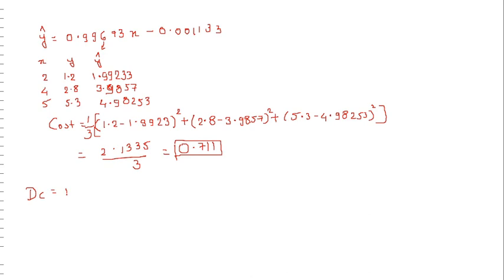This time we have to use these values of y hat, because it is our new iteration. So what value of DC do we get? We get it as 1.107. And what is the value of DM? We get DM as minus 0.002224.